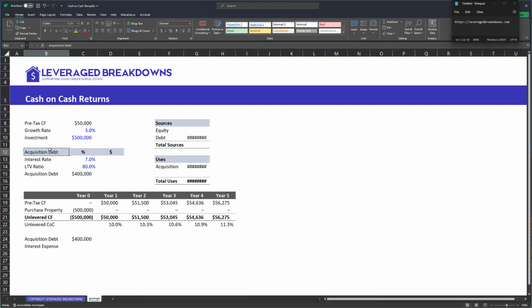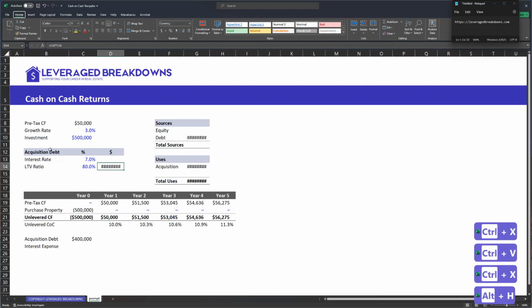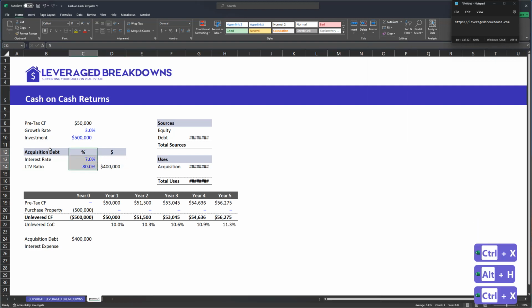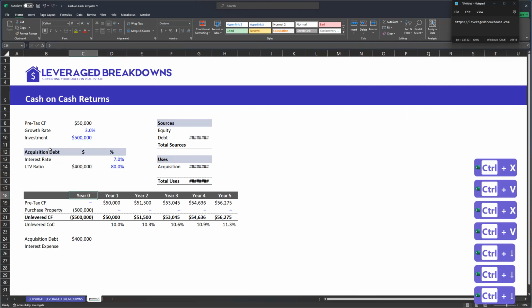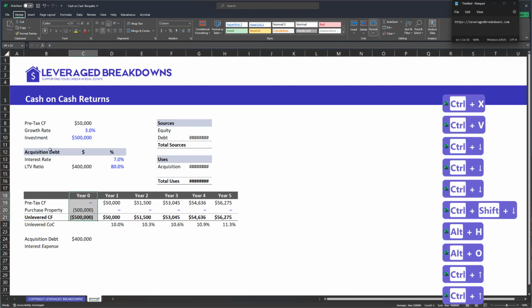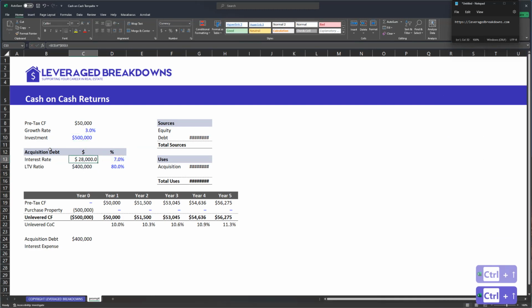Acquisition debt. Let's call it that. And then your dollars there. Let's put that there so it aligns. And then your interest rate, it's going to be fixed for this example. It'll be that times that.